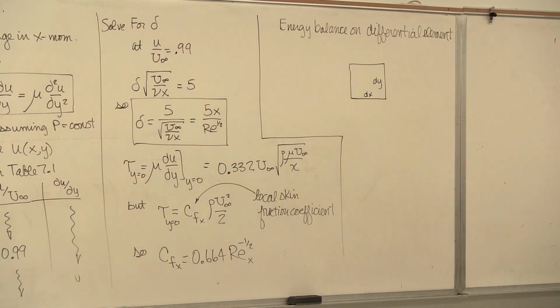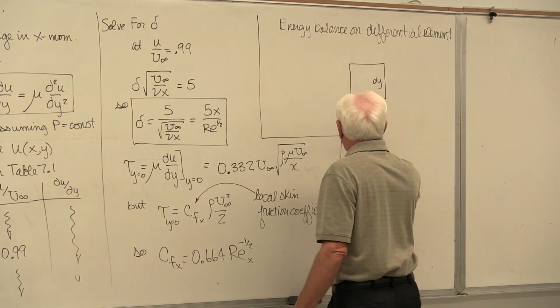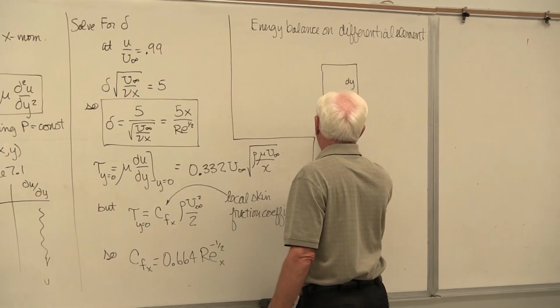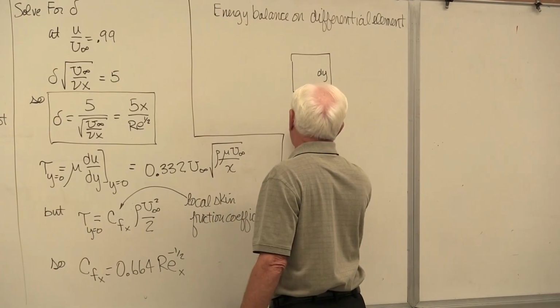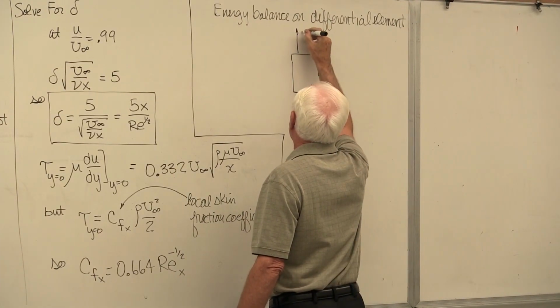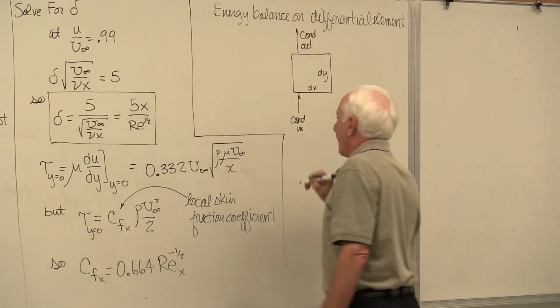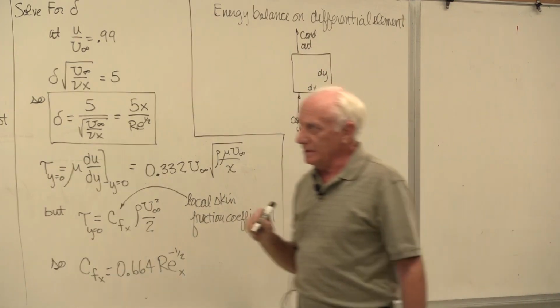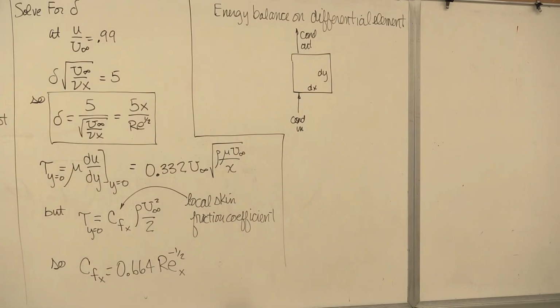All right, let's take conduction here. Conduction out. Why is there conduction? Well, look at the picture. Does the temperature vary in the y direction? Yeah, it does. If it does, then there's going to be some conduction.